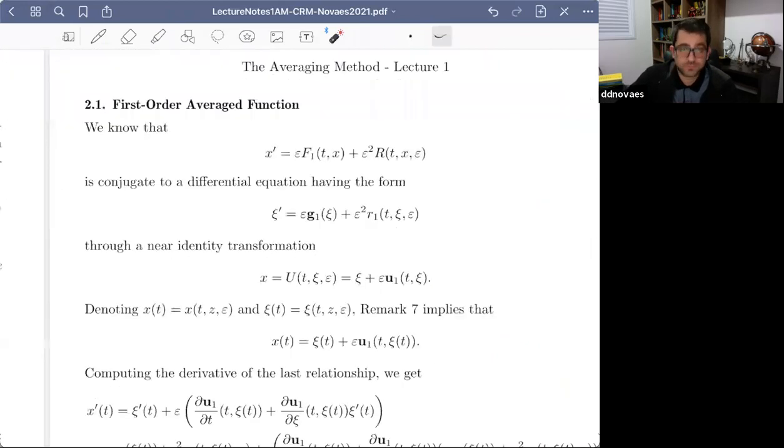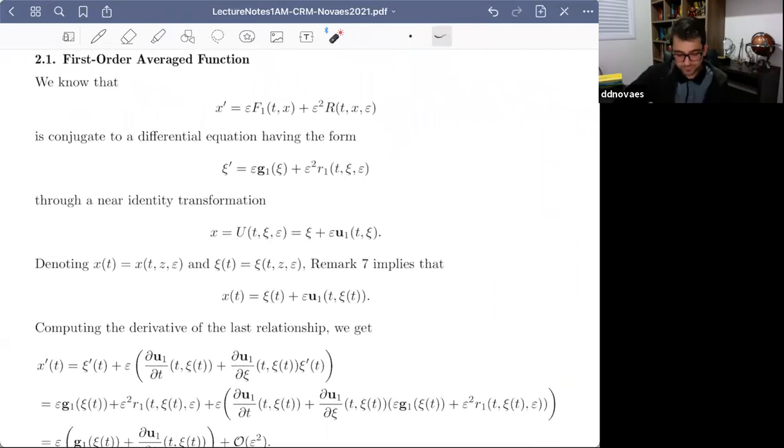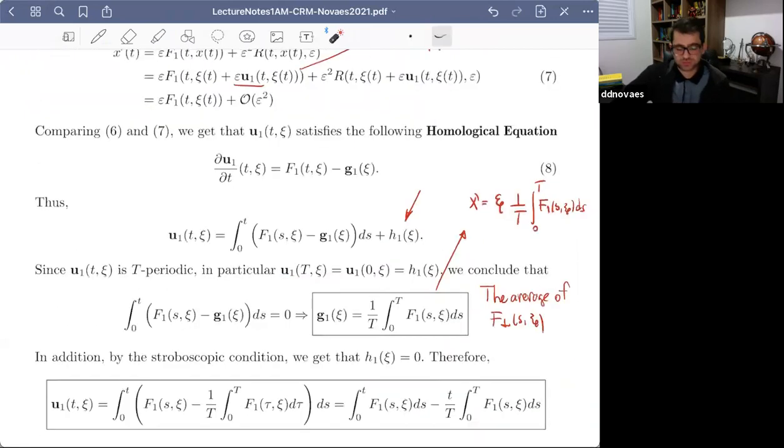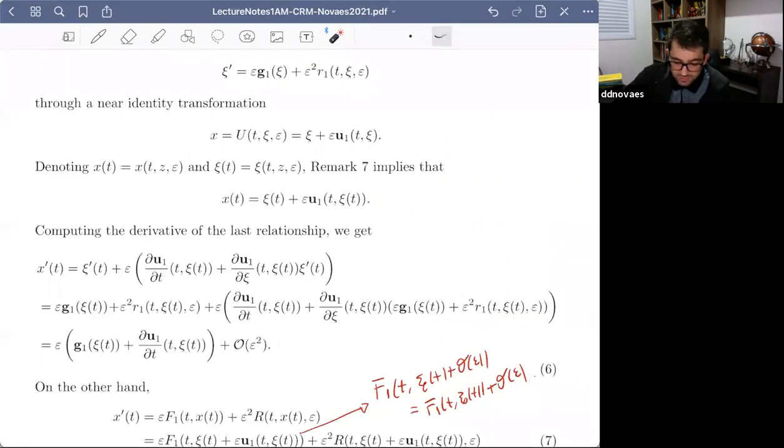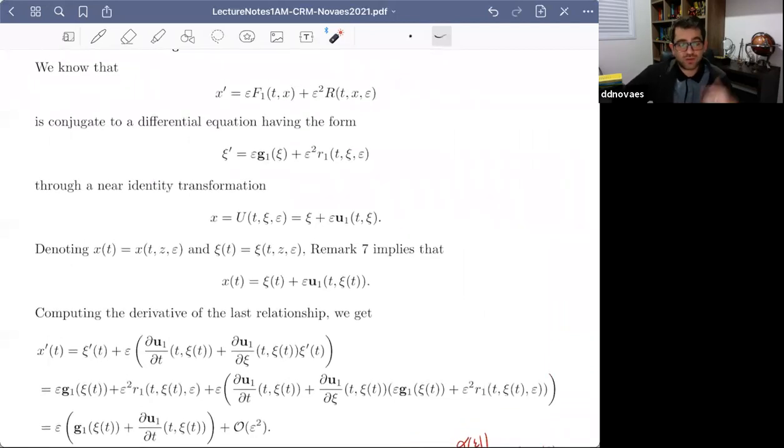So how can I use this information in order to investigate periodic solutions of this differential equation? By Remark 7, we know that periodic solutions with a certain initial condition of this differential equation coincide with the initial condition.